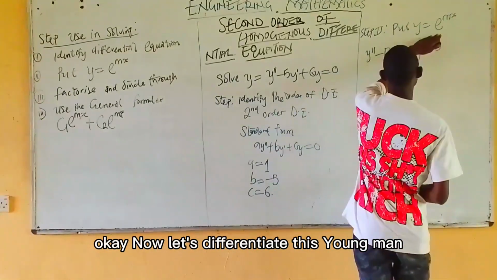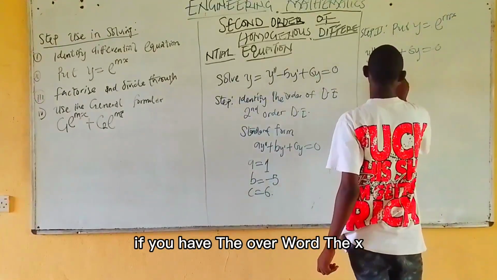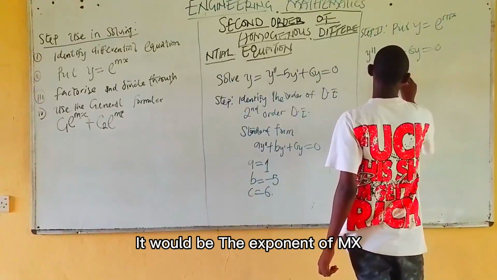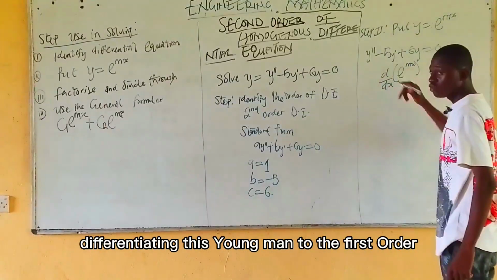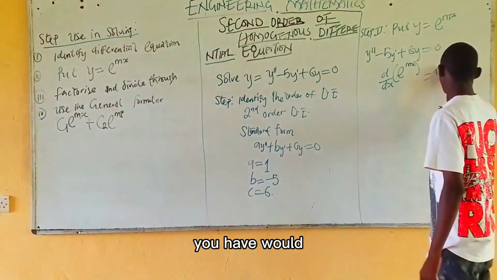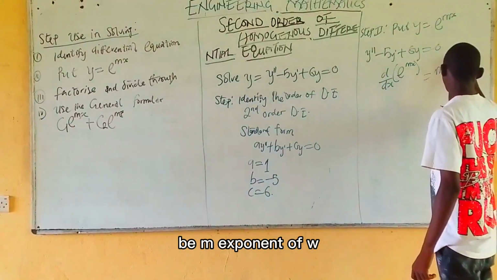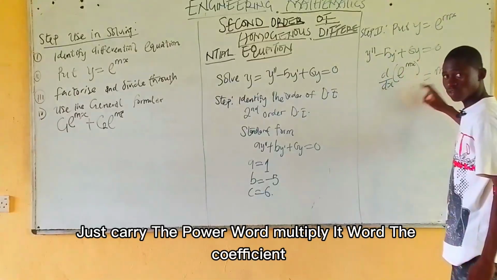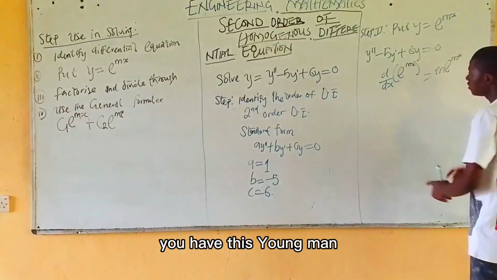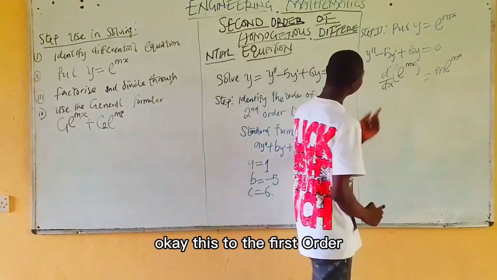Let's differentiate this: d/dx of e^(mx). Differentiating to the first order, you have m e^(mx). Differentiation: just carry the power and multiply it by the coefficient. You have this, to the first order.